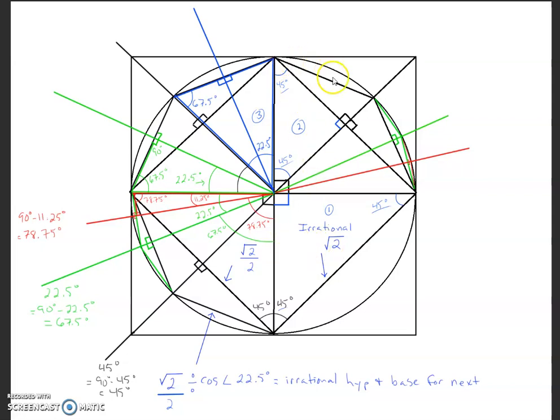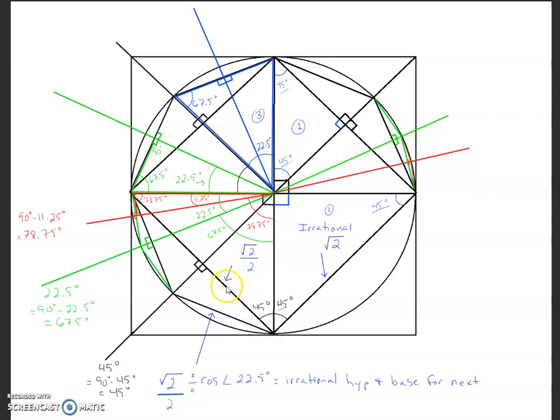And when we deal with the method of exhaustion, as soon as we divide an irrational area, we're going to end up with, so right here, if we have the square root of 2, and we divide that in half, we have half of the square root of 2.